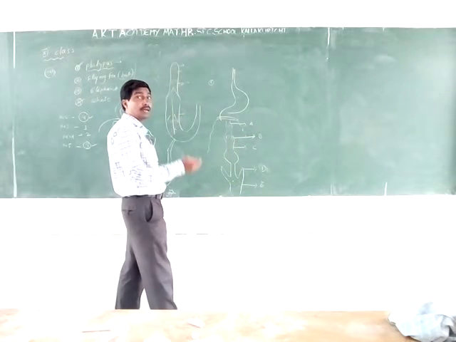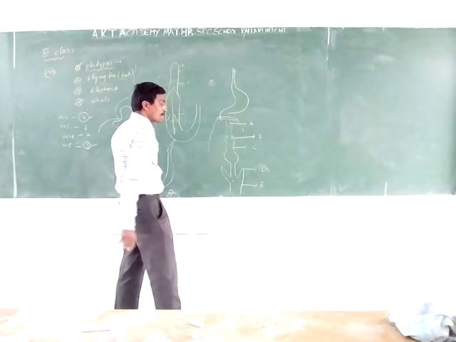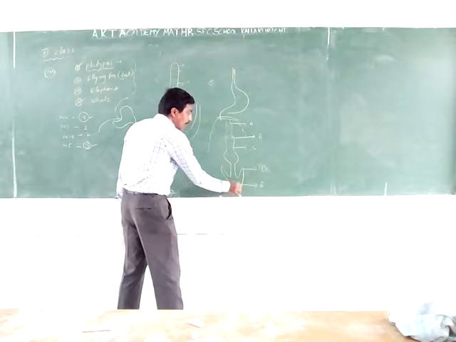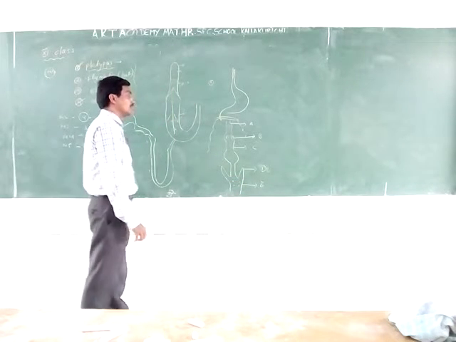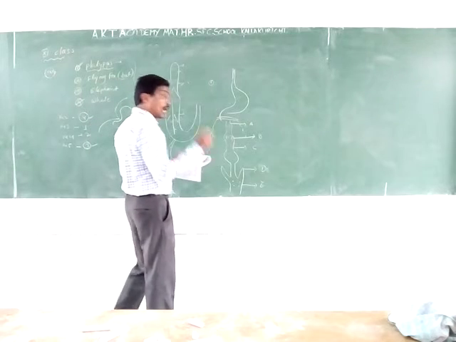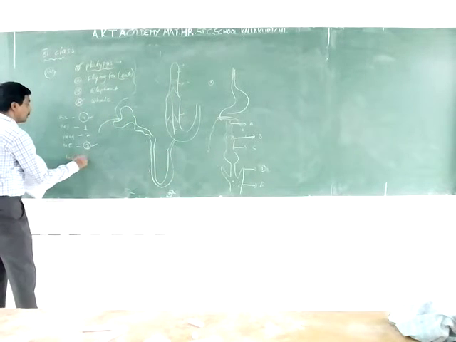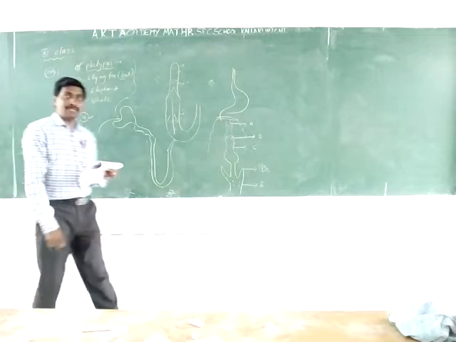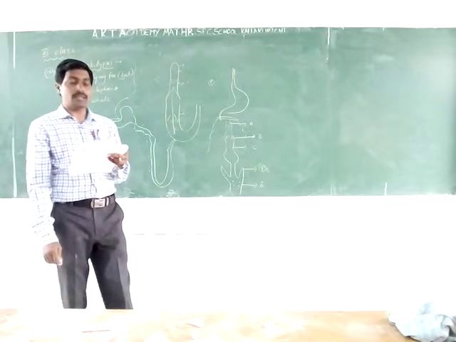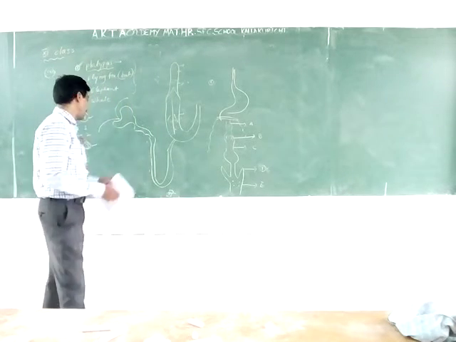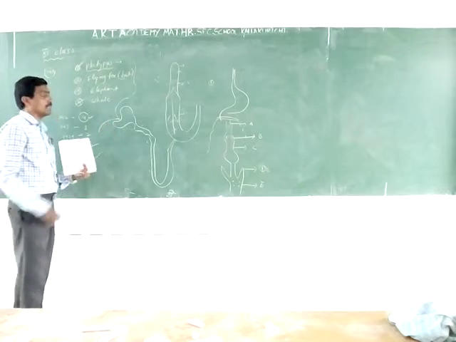The symbiotic microbes are present in the cecum, and these are the lymph glands. The third option is the correct answer. 146, third one: pharynx, gizzard, stomach, cecum, lymph glands.